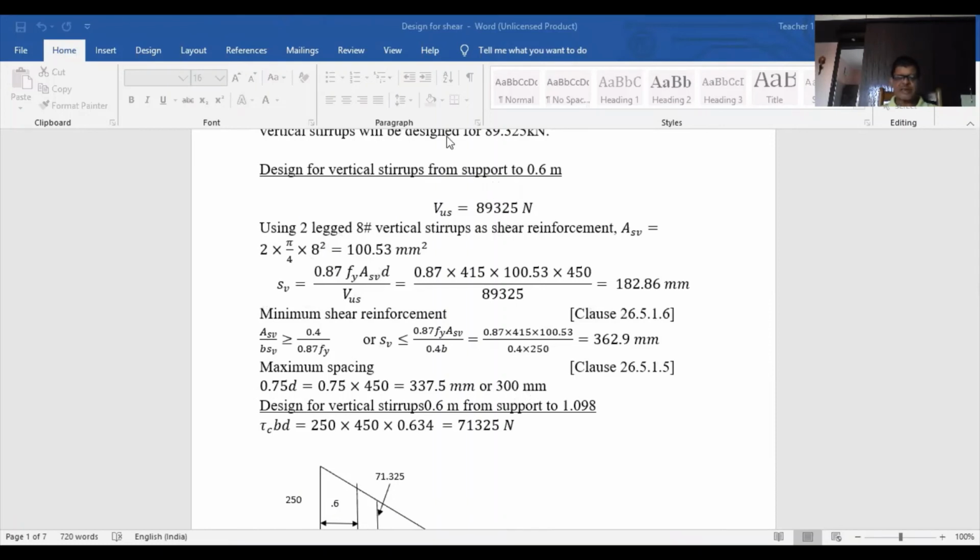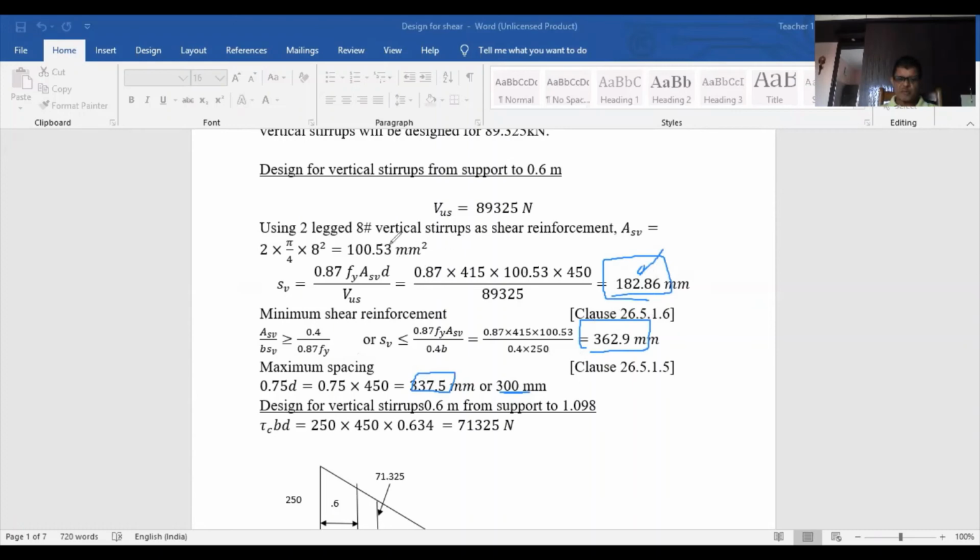You are getting 182.86 from the design criteria, then 362 from the minimum shear reinforcement criteria, then 337.5 is your maximum spacing, and in no case should it be more than 300. Because here it is 182, we can provide 180, as you like.